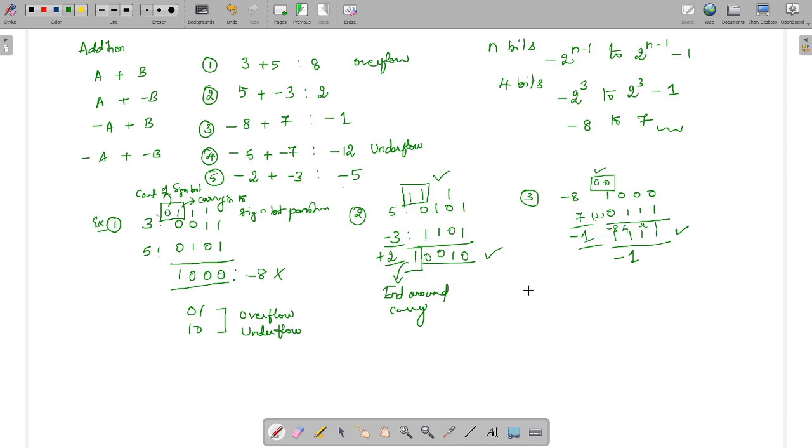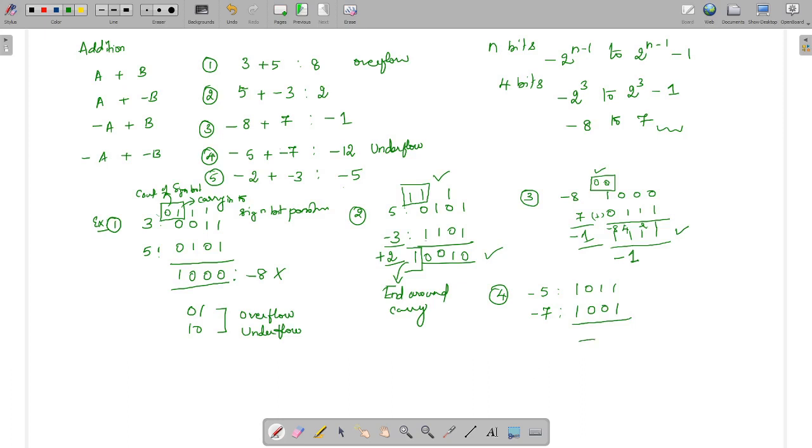So -5, let me take the fourth example, -5 and -7. The binary 2's complement of -5 is 1 here, and for 5 you have to subtract 3, so 1 1, and for 7 it is 1 and 1 here.